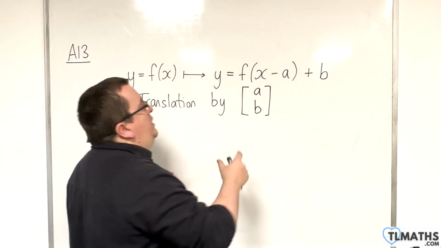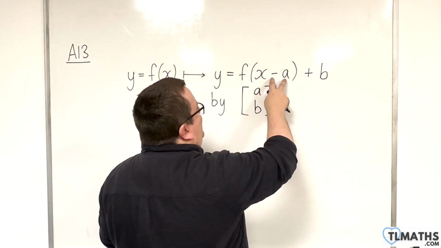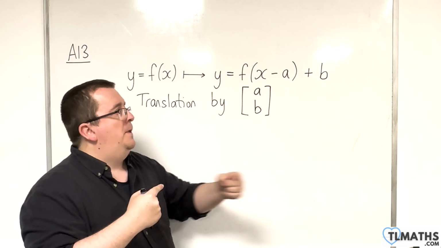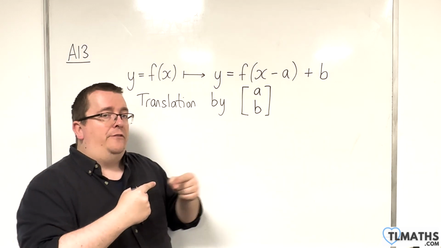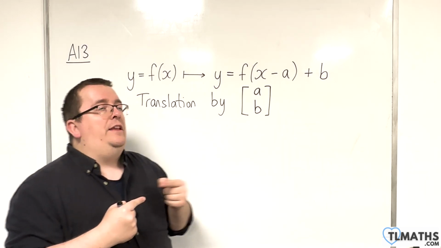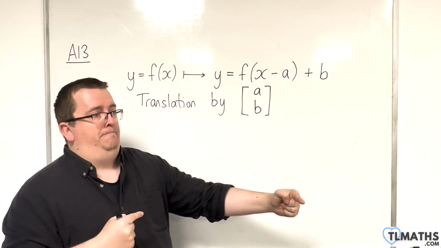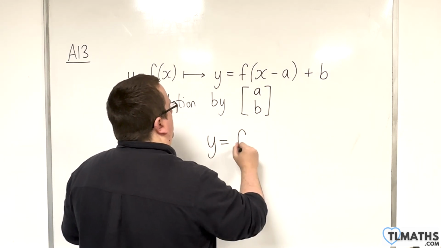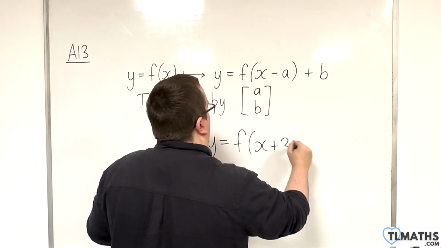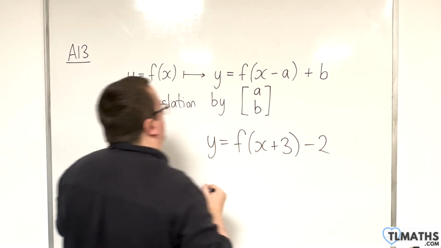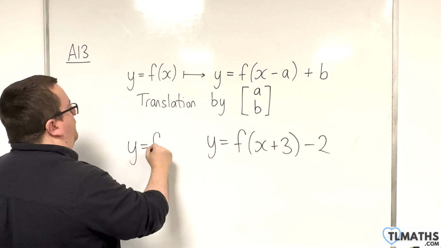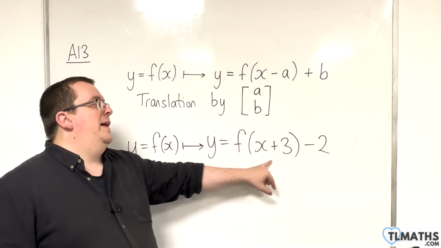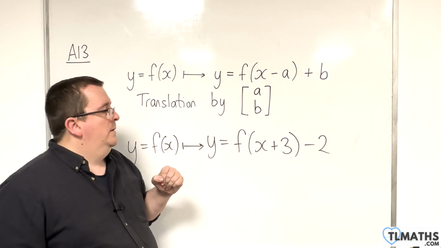So when you have this translation, the one that is inside the bracket affects the horizontal direction. So if it's inside, it affects the horizontal direction, and it is the opposite to what you expect. So, example. Let's say we've got y equals f of x being mapped to y equals f of (x plus 3) take away 2.